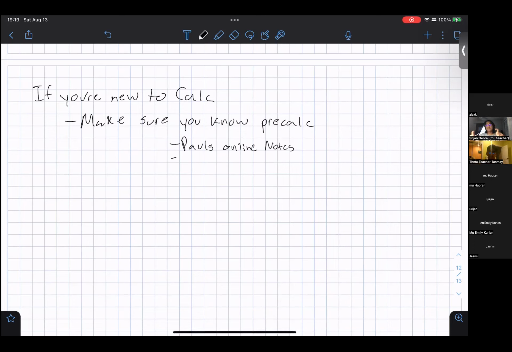He has a specific section in his Calc 1 lecture series where he specifically goes over the pre-calc you need to know for calculus. And so that's really good if you want to review. You can also go through, again, Khan Academy. I have this written at the top. And of course, past FAMATs will get you acquainted with the pre-calc knowledge you need to know for FAMAT Calc.